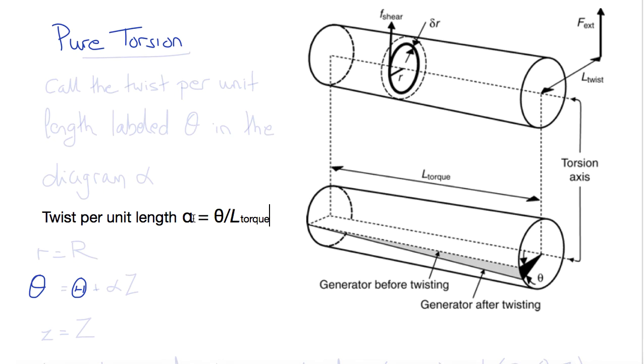And we'll call that constant alpha, which would be this theta divided by this L torque. And you see that that's the only thing that happens. The radius doesn't change, the length doesn't change. There's just a circumferential displacement that increases proportionately as we move along the length from z equals 0 here to z equals L torque.